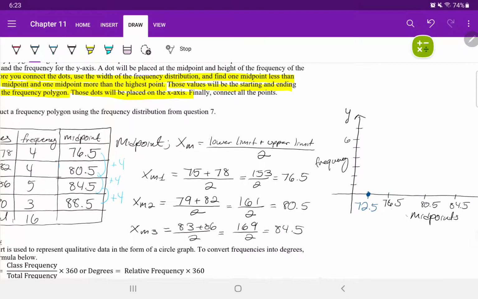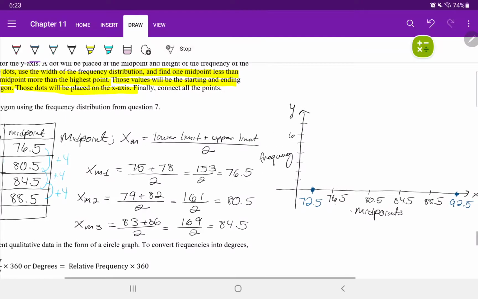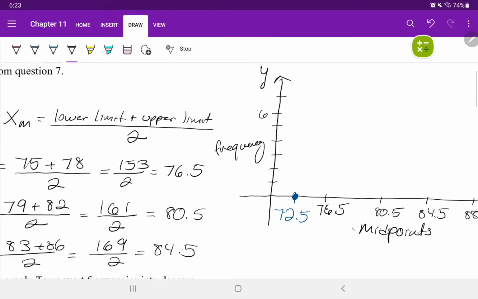For the midpoint with 76.5, the frequency was 4. So that's going to be right here. And the same thing for the midpoint of 80.5.